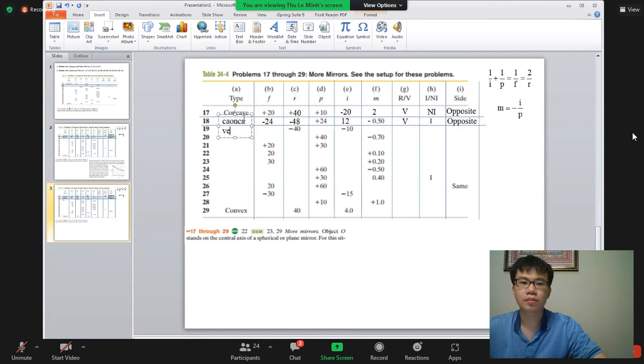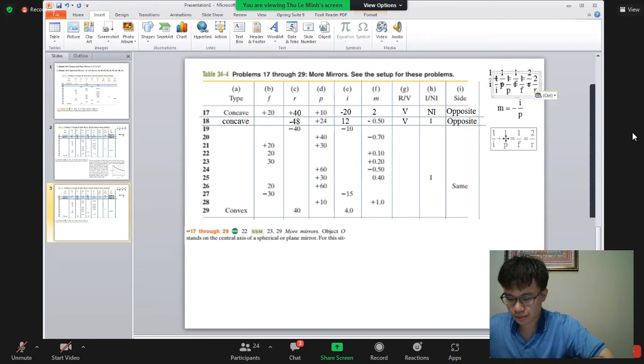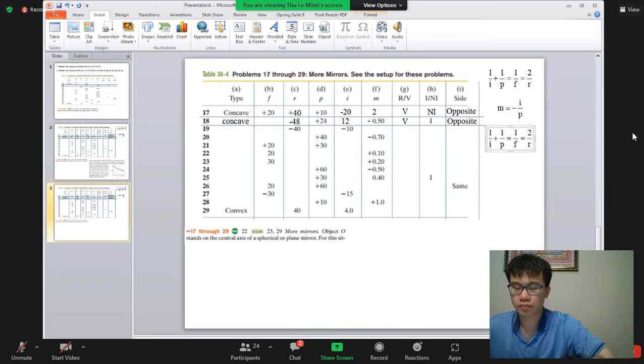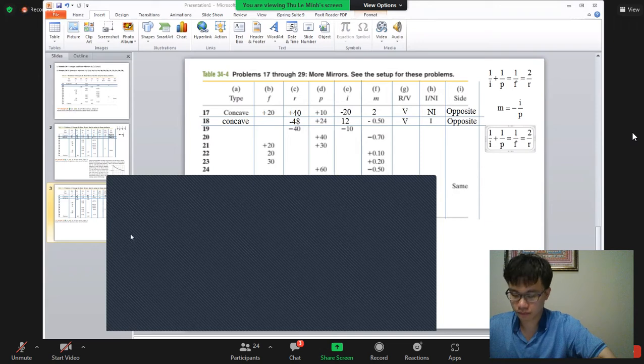Okay. And how about the focal length? Let me calculate again. You can use this: f equals i times p over i plus p. The focal length here will be 8.